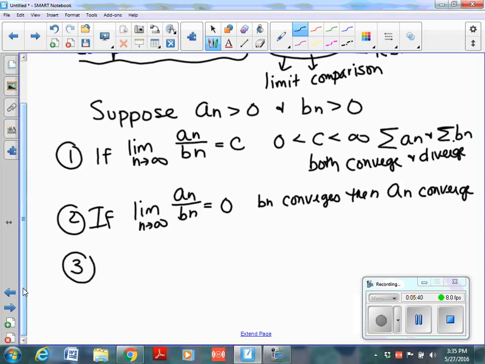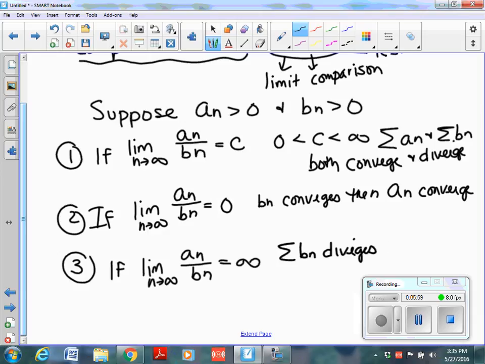And the third thing is, if the limit as n approaches infinity of a_n divided by b_n equals infinity, then if b_n diverges, then a_n diverges.